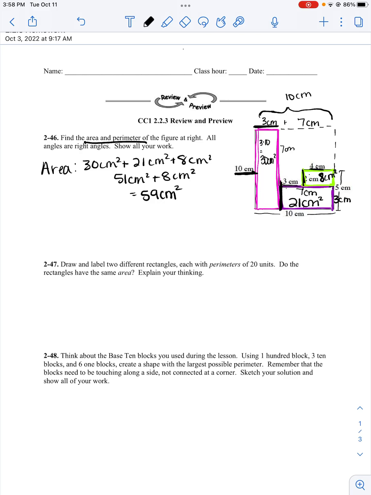Now my perimeter. Finding those pieces helped because I need this 7 to help me with my perimeter, and the 3. So my perimeter is the outside edge, and I'm going to add them all together. And as I go, I'm going to highlight each one yellow. So I have 10 and 3.